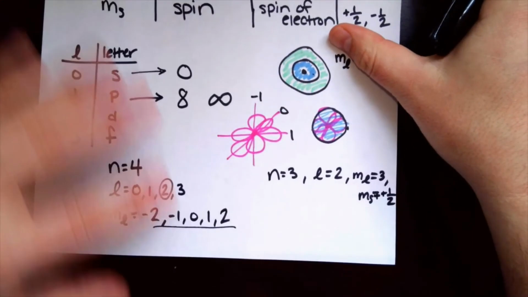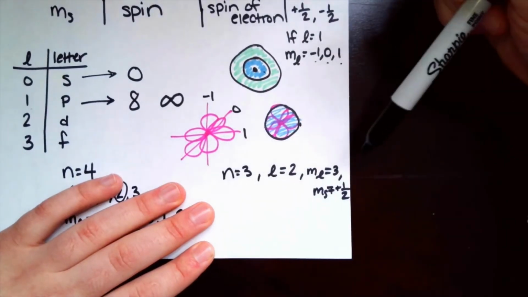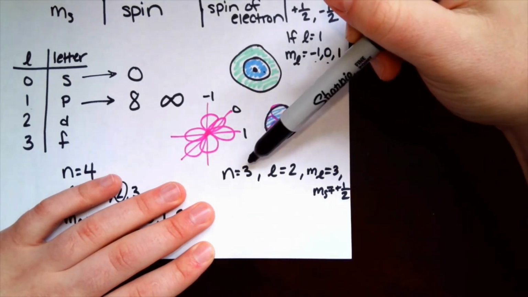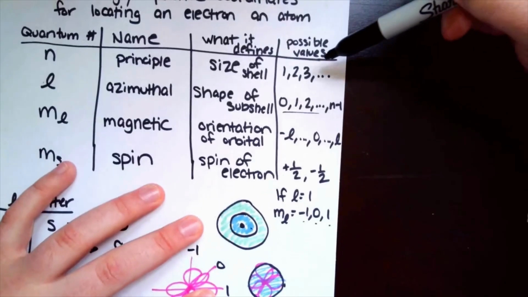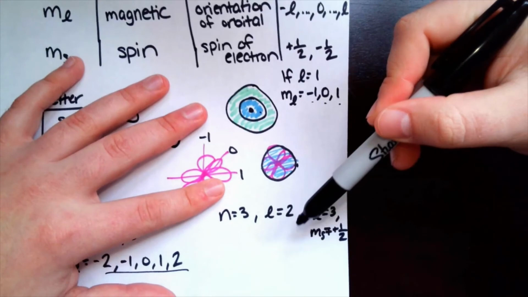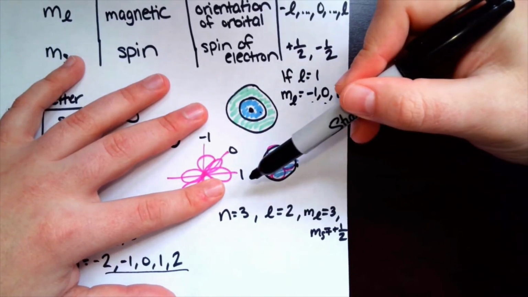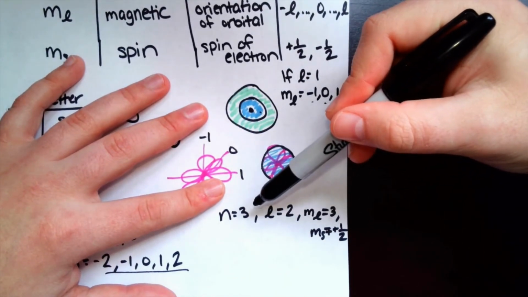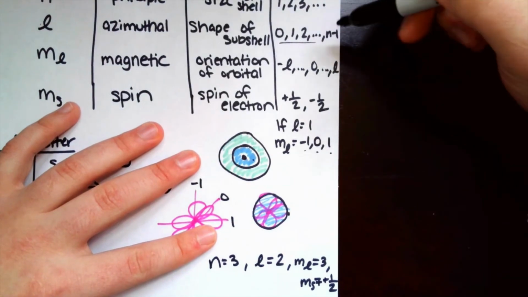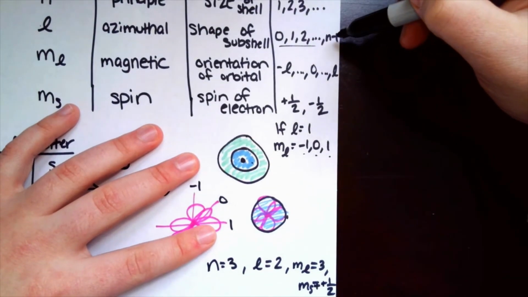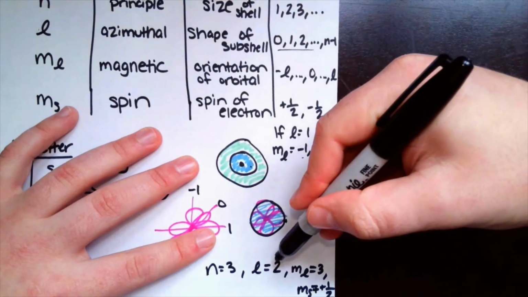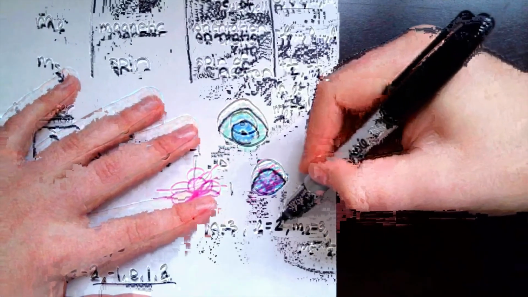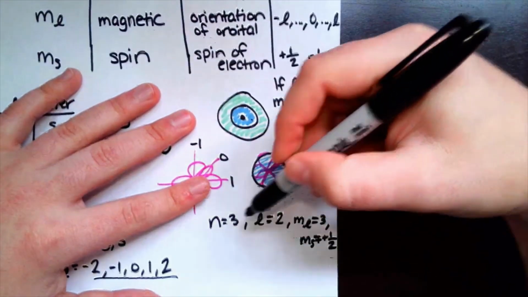If the question says, is this an allowed set of quantum numbers? Well, n equals 3, sure, n could be 3, that's fine. L is 2. Well, if n is 3, L could only go up to 1 less than that, which happens to be 2. So an L of 2 is perfectly acceptable when n is 3.